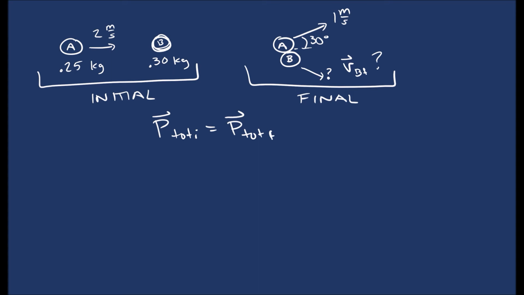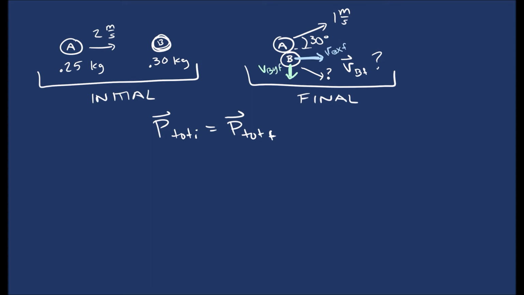Because in our momentum equation we're dealing with vectors, we're going to have to do two analyses here. We'll analyze in the x direction with our conservation of momentum, and that should give us our velocity VBX final. Then we'll do another analysis in the y direction to give us the y component of that velocity right after the collision.